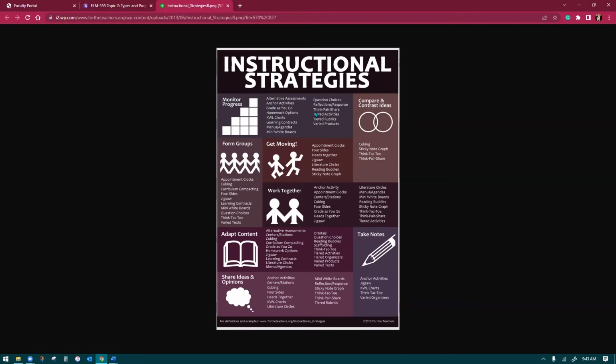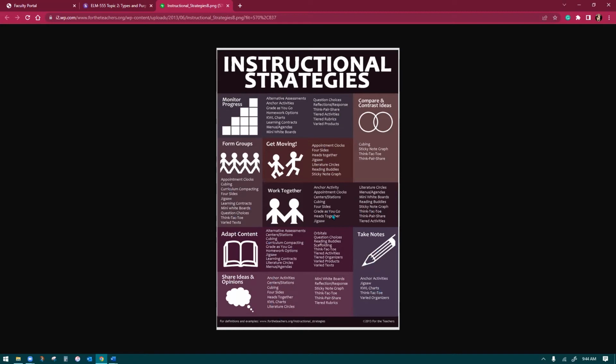In addition, you have things like comparing and contrasting ideas, getting students moving, like going and doing a heads together activity where they put their heads together to learn or talk about any specific concept. Forming groups would be an instructional strategy, or having them work together, adapting some content, having them share ideas, taking notes.